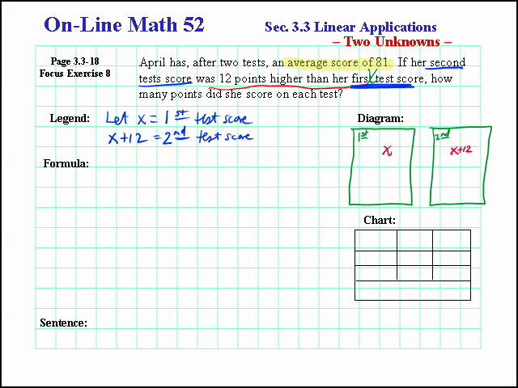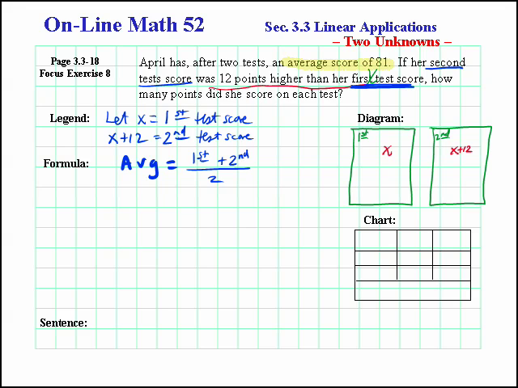Well, this is a different kind of formula that we haven't seen yet. And it's the formula that says average, whoops, I made that real thick, didn't I? Sorry about that. Equals first score really, but first plus second divided by 2.